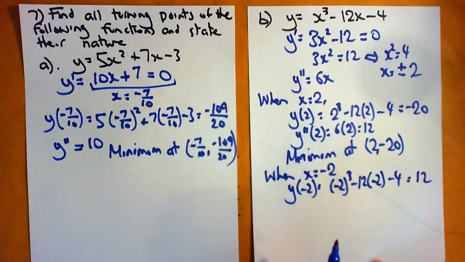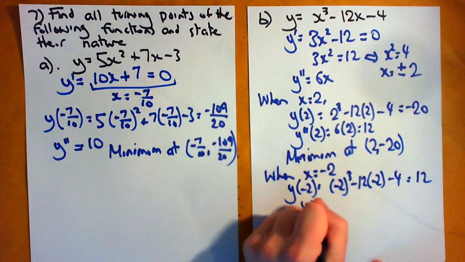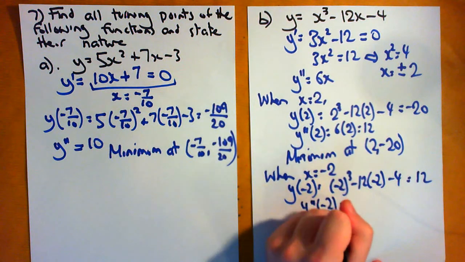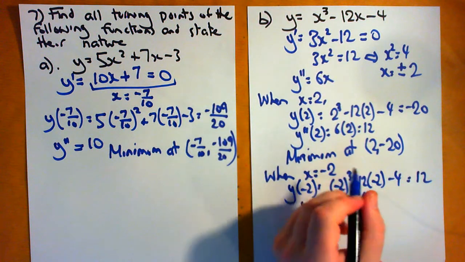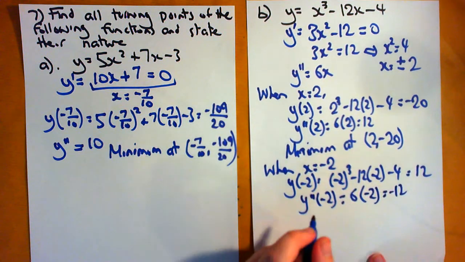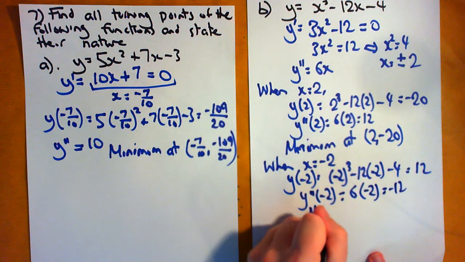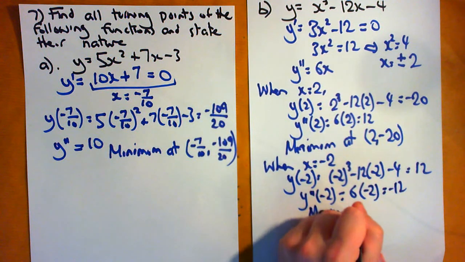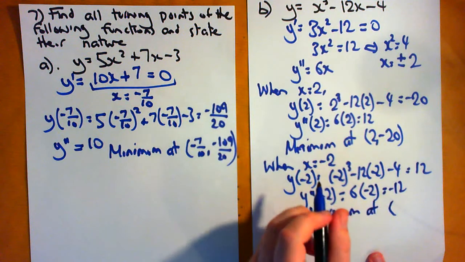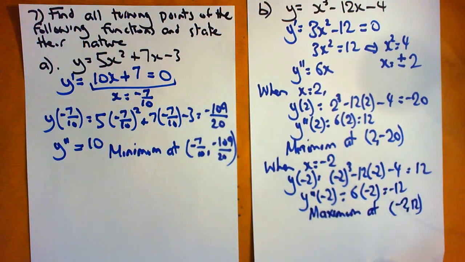Okay, so the turning point coordinate is negative 2, 12, and y double dash of minus 2 is going to be 6 times minus 2, which is negative 12. So we get a maximum because it's a negative value of the second derivative. Maximum at negative 2, positive 12.